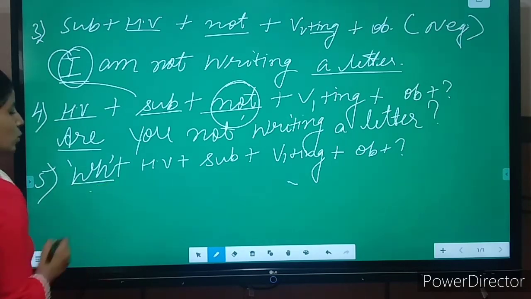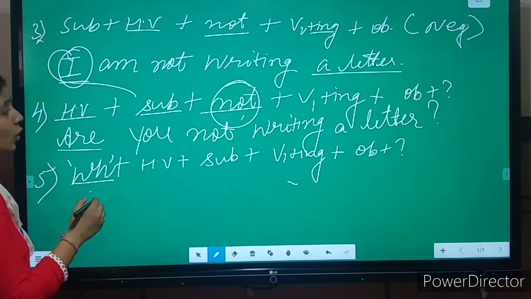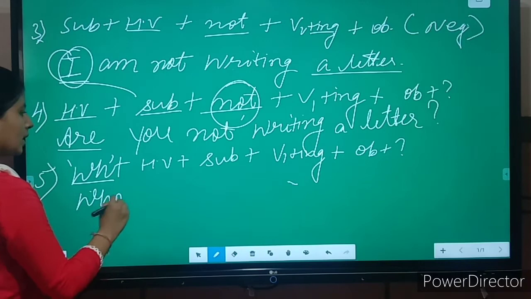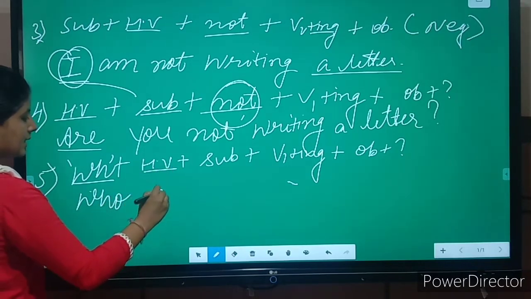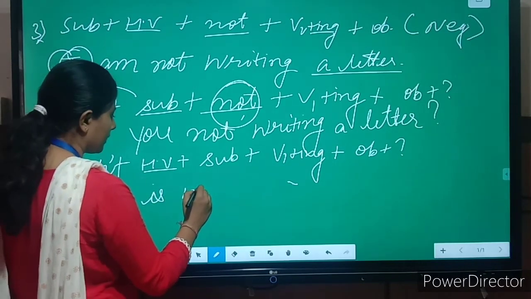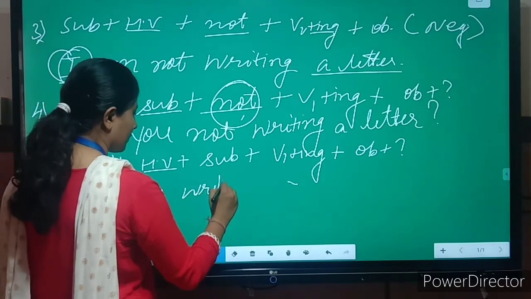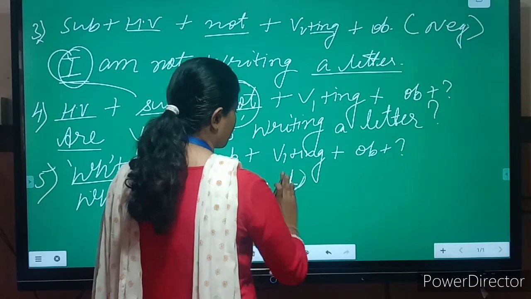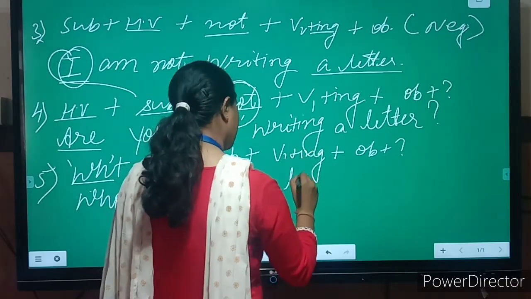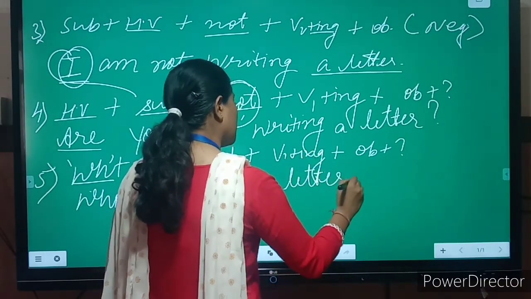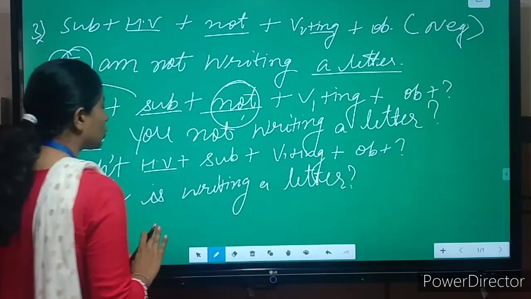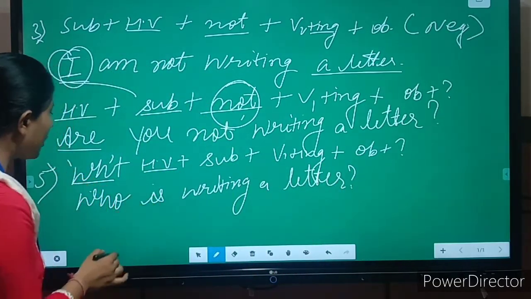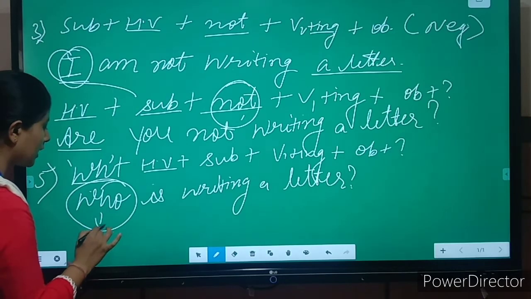So for the WH word we can take who, then is writing a letter. So here you can see that we have written who, which means the person is unknown.